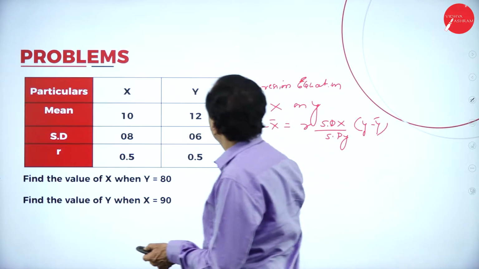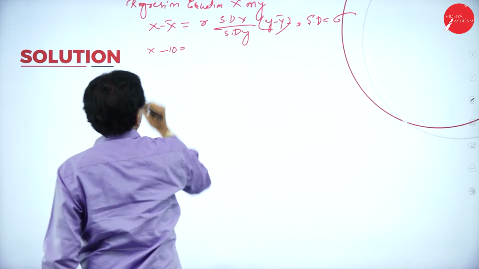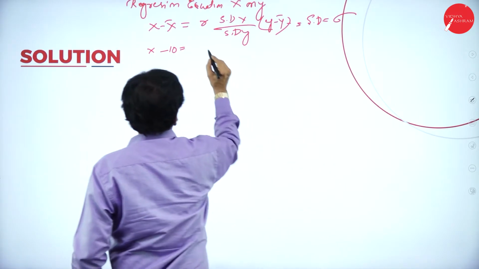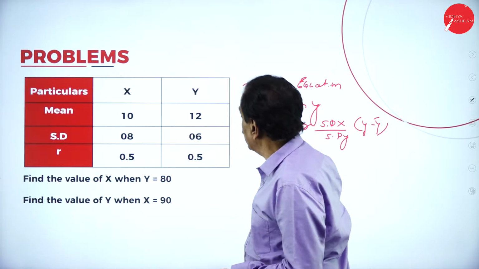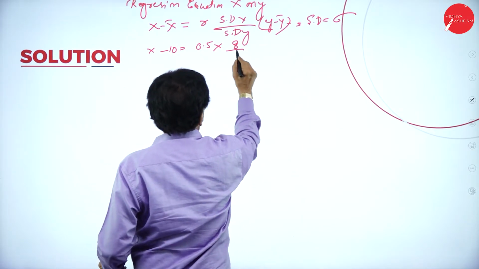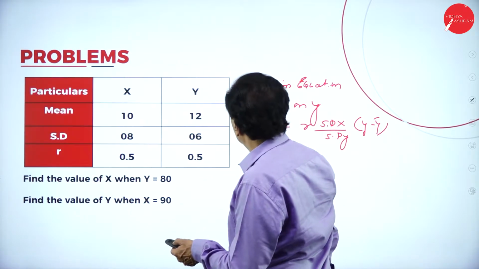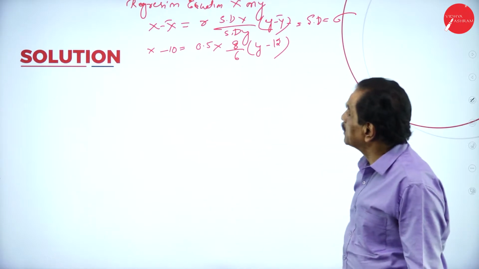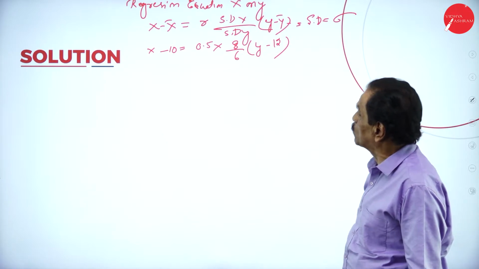X minus x mean is 10, r is 0.5, into standard deviation x is 8, divided by 6, into y minus y mean, which is 12. X minus 10 equals 0.5 into 8 divided by 6 into y minus 12.